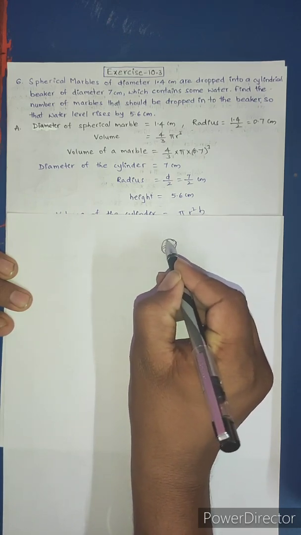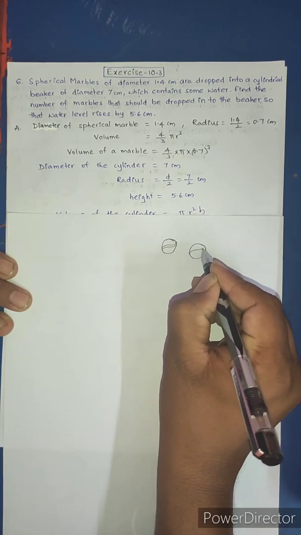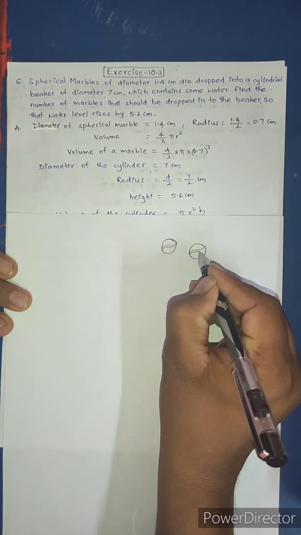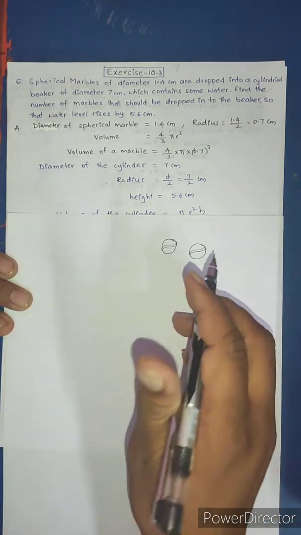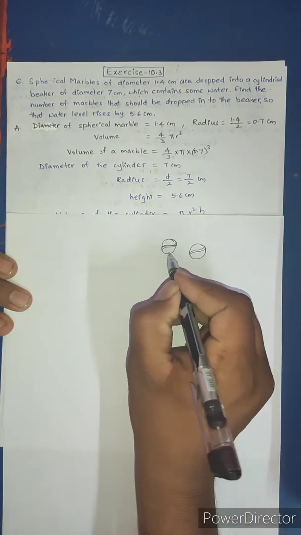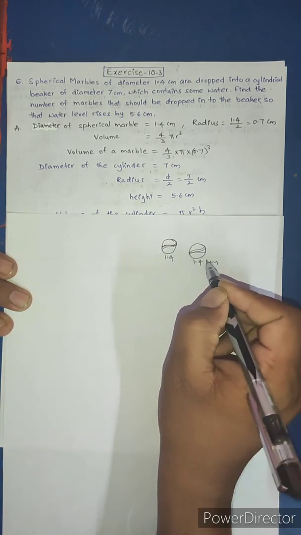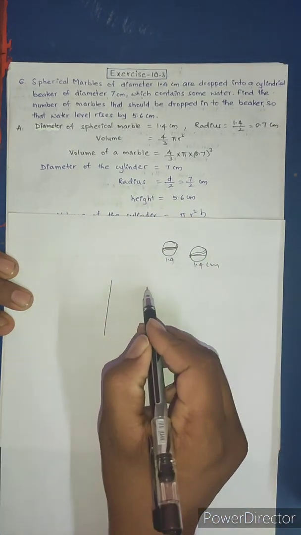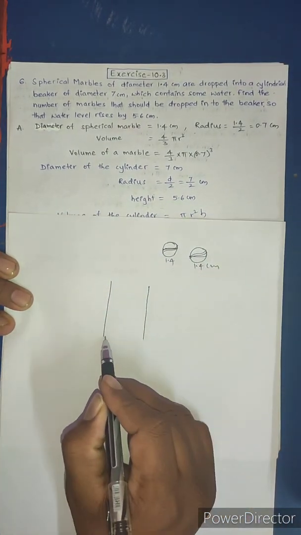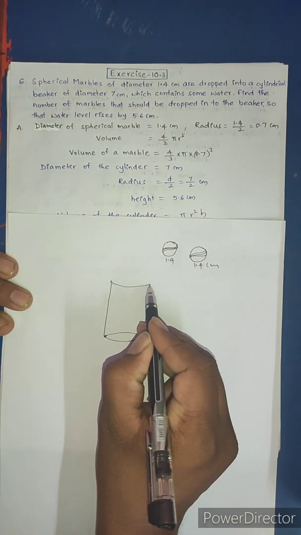These marbles are spherical in shape like this. Assume that these are the marbles. Spherical marbles of diameter 1.4 centimeter are dropped into a cylindrical beaker. There is one beaker, and this beaker is in the shape of a cylinder.